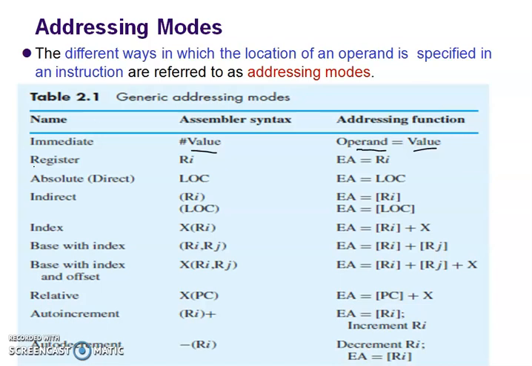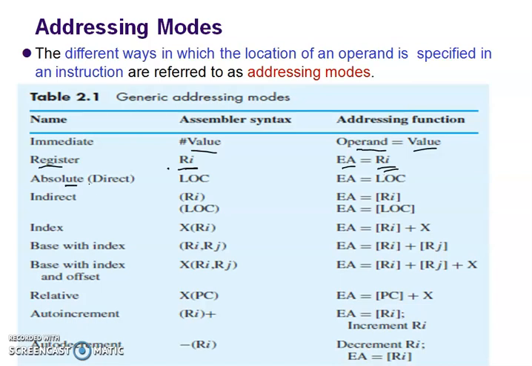Then next, in case of register mode, the instruction will be having registers alone. Both the operands will be registers and the effective address will be the register itself. EA is equal to Ri.